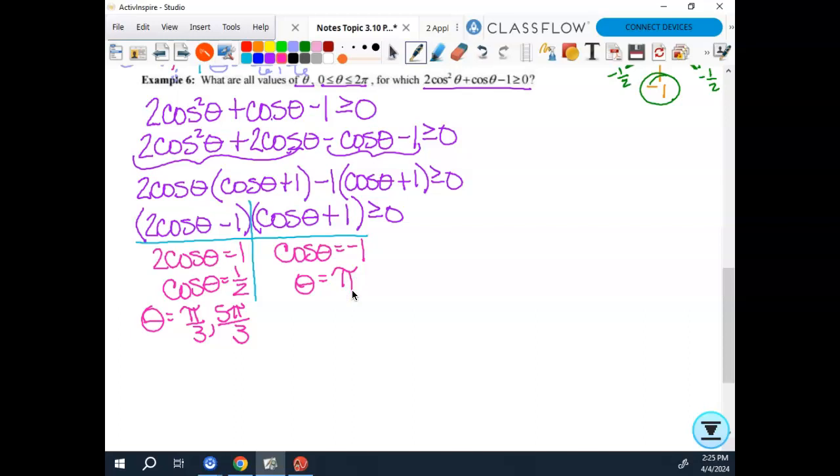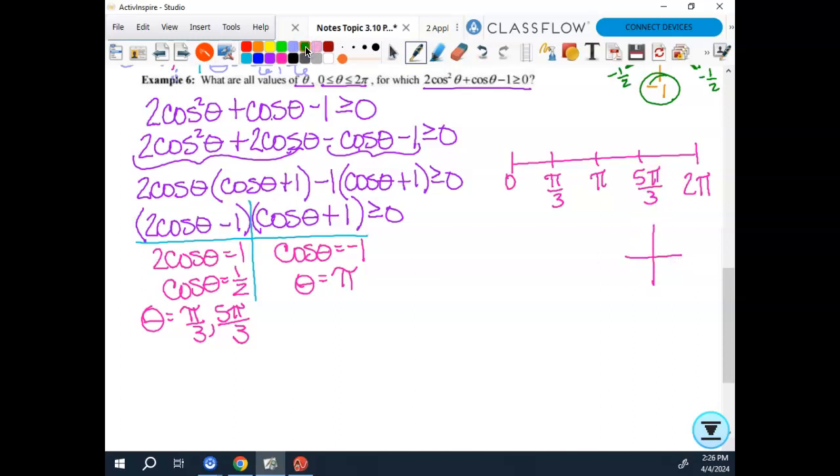Okay. All right, so on my number line, we're going from 0 to 2 pi. What comes after the 0? What's the next one? Pi thirds, then pi, then 5 pi thirds. Okay.